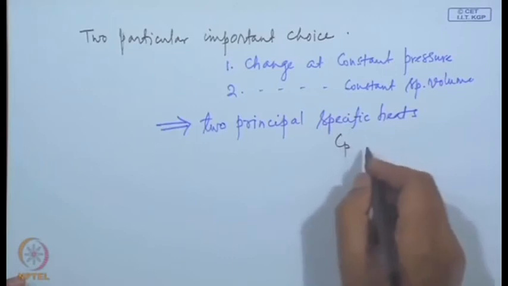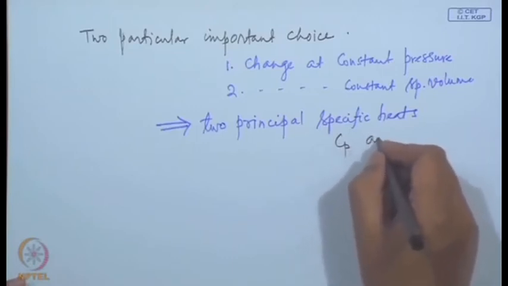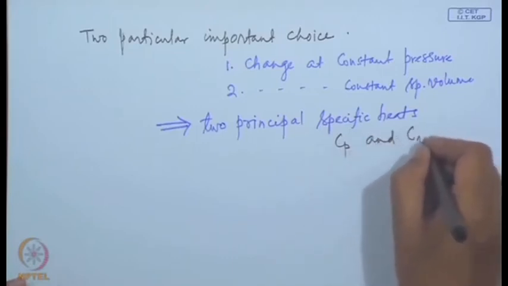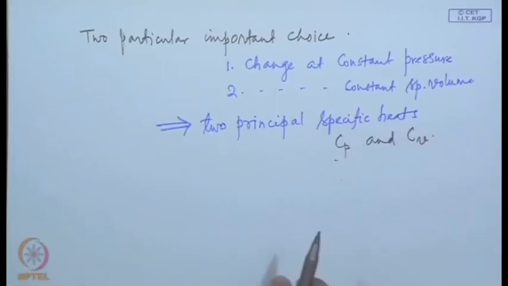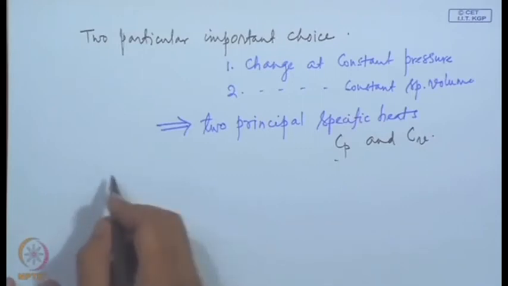Cp, that is specific heat at constant pressure, and Cv, specific heat at constant volume.